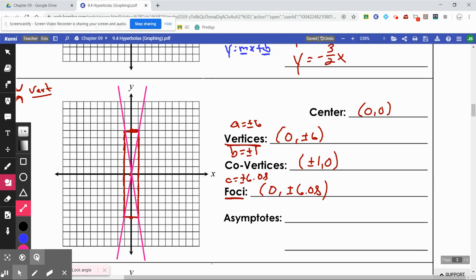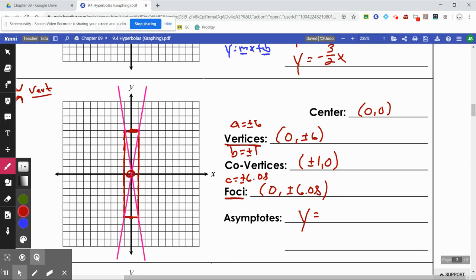Now let's see what we can do with the equations here. So the equations of our asymptote lines will be y equals, and we need a slope and a y-intercept, and the y-intercept is pretty easy. Both lines cross at 0. But the slope can again be found from our vertices and co-vertices, because this is a point on my lines, but now I just need to rise and run.